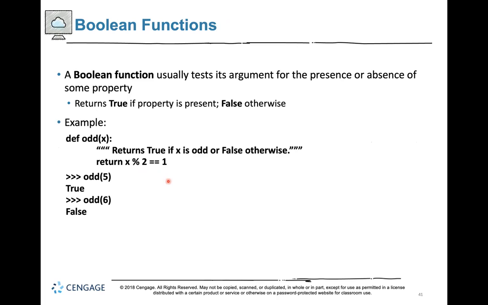And here's another example. This is a simple example that checks if a number is odd or not. So return x modulo 2 and whether that equals 1 or not. If it equals 1, that's odd. Otherwise, it's even. And then here's another doc string.